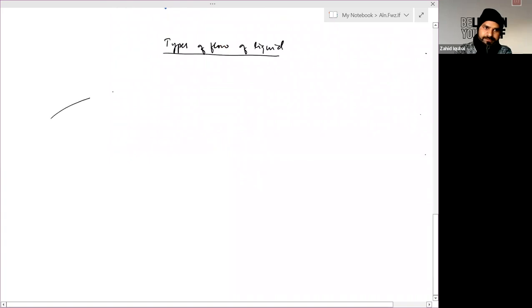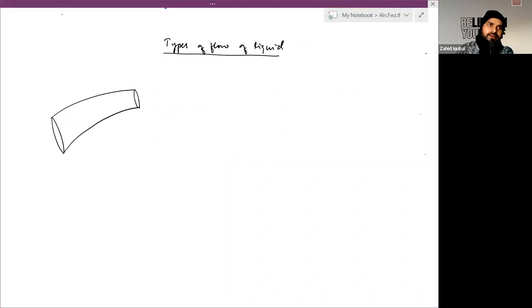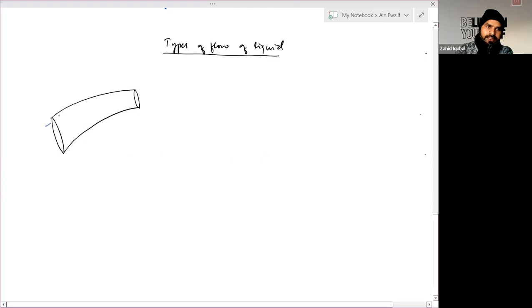First is, suppose you have a tube of varying cross-section area like this, in which each layer has the same velocity v1 at any particular cross-section area a1. Similarly, at this instant, each layer must be moving at velocity v2 at some area a2.